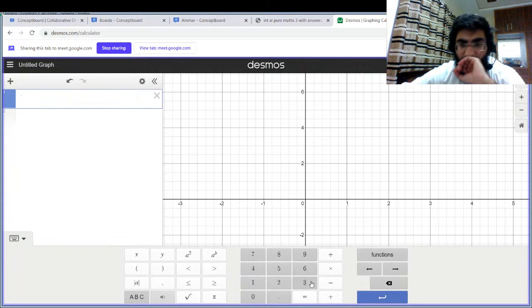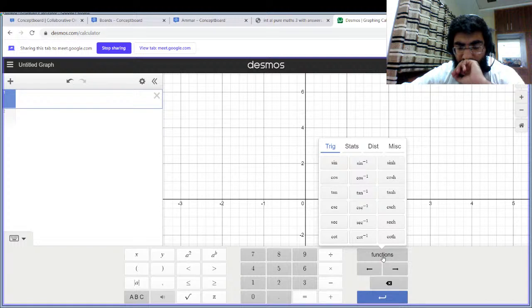You get cos inverse of 3, which doesn't have a value. So I don't take 1, it's less than 1. Let's take 1 by 3. Cos inverse of 2 by 3 plus 1 would give me what?